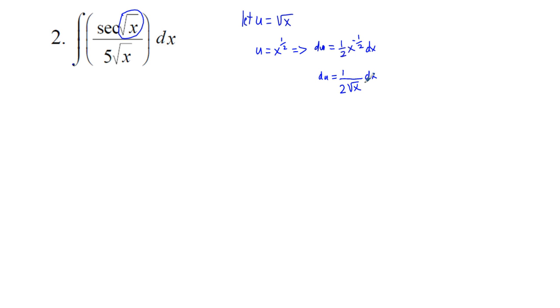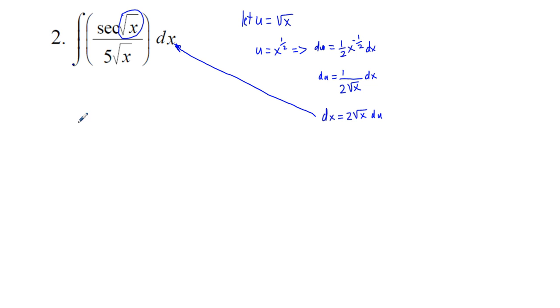And what is dx going to be equal to? Well, it's like you cross multiply this 2 square root of x. So dx is equal to 2 square root of x du. And so now we have something we can do here.